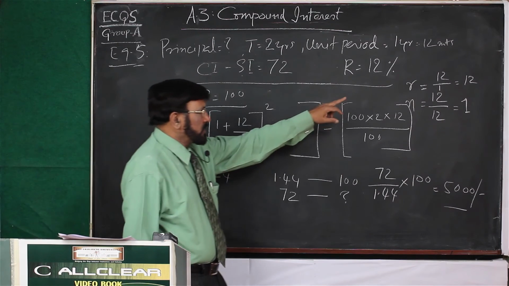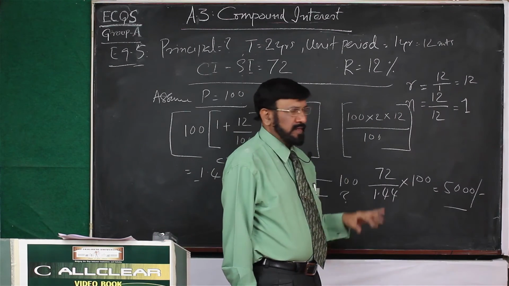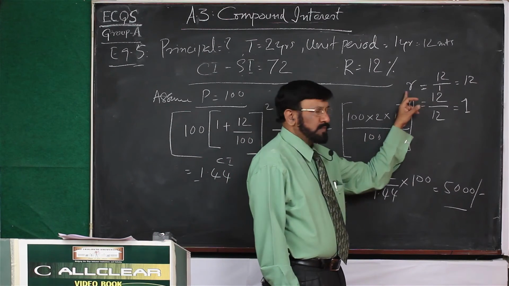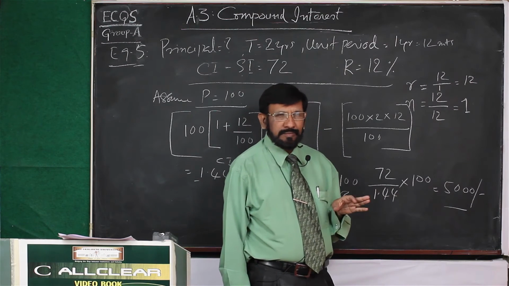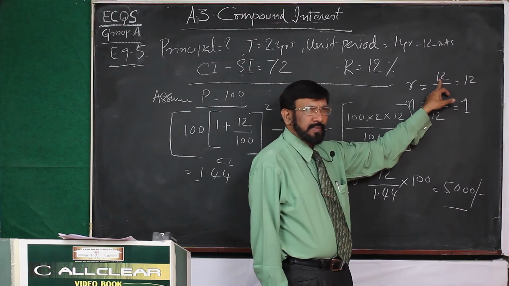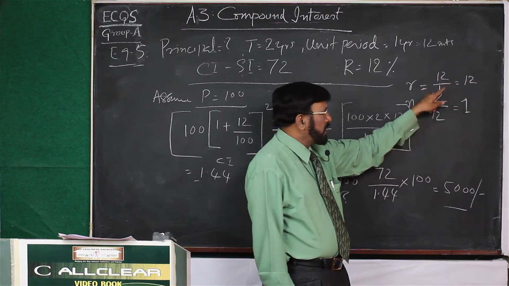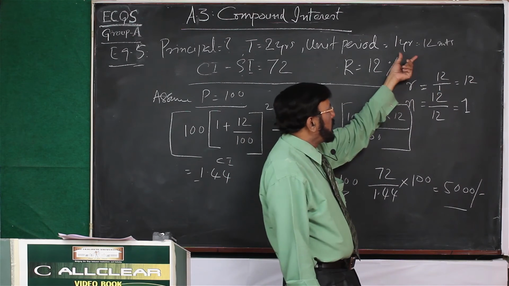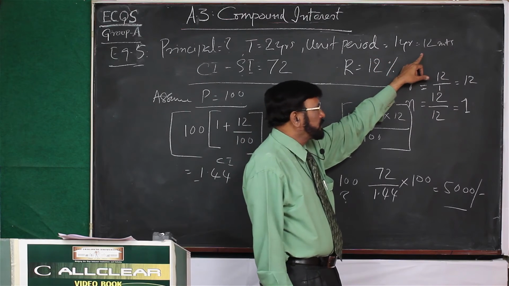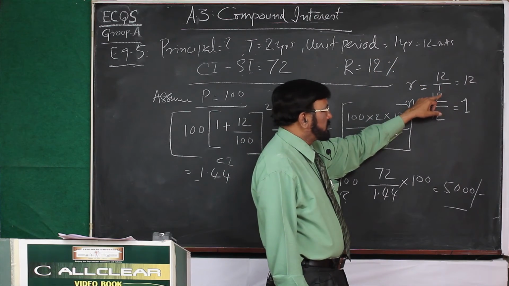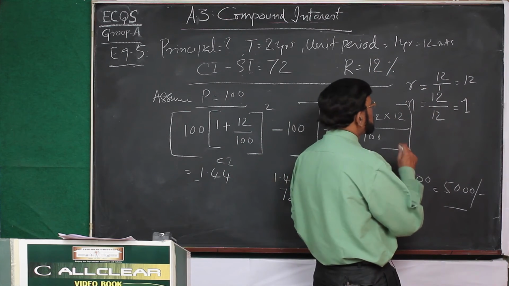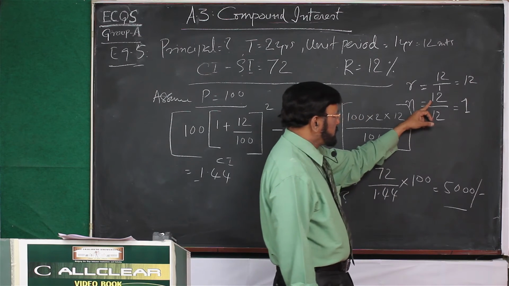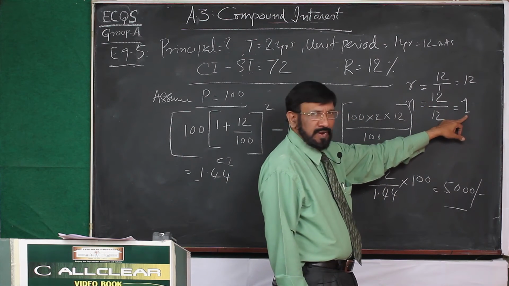So first we have to calculate small r and n for the sake of compound interest. Small r is nothing but 12 by number of months in a unit period, that is 12. Then it comes 12 by 12, that is 1.